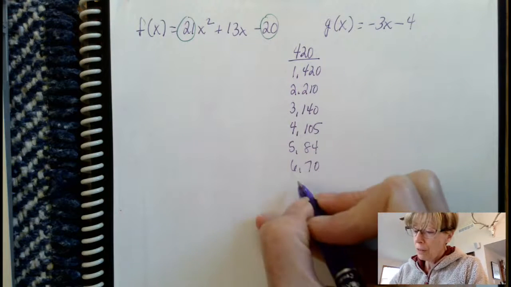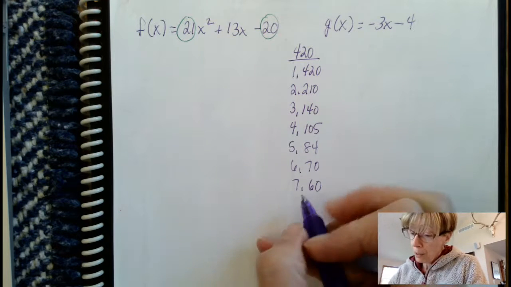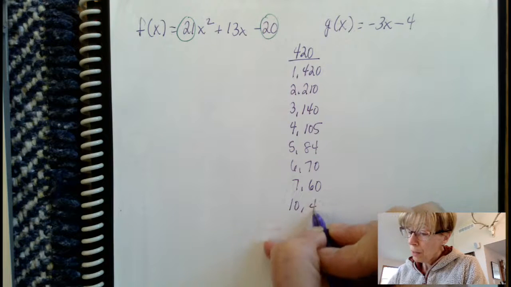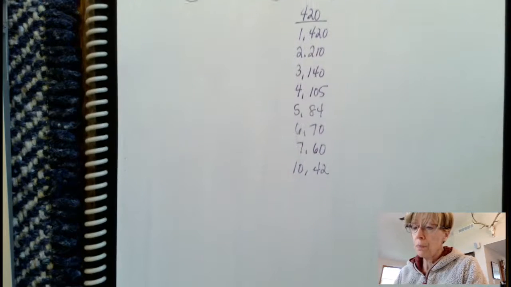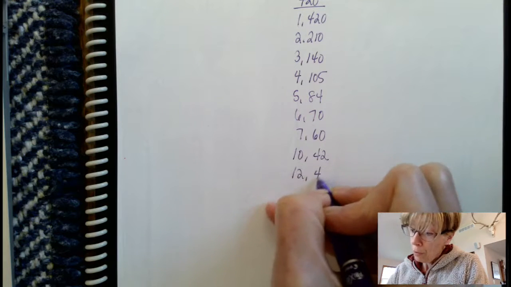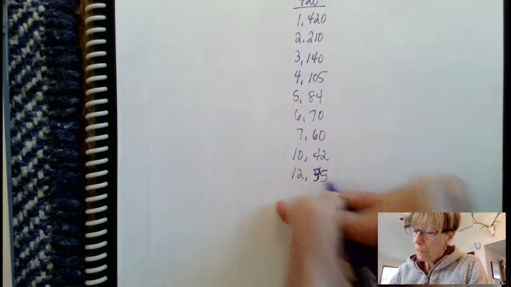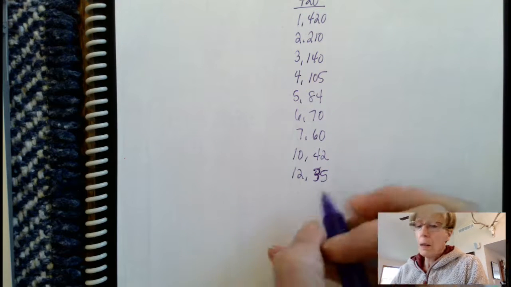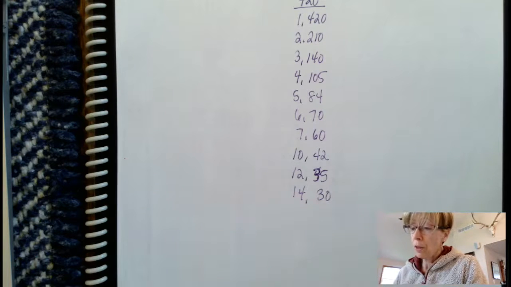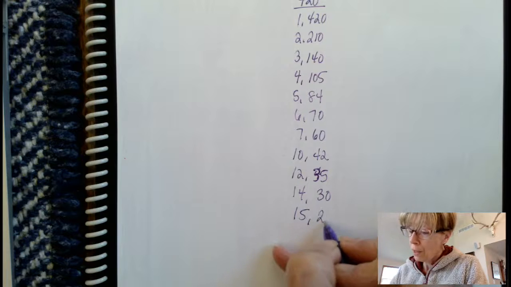I tried 8, I tried 9, they did not work as factors. 10 and 42. 11 doesn't work, but 12 works, 12 times 35. And 13 doesn't work, but 14 and 30. And then when I got to 15 and 28, finally I found the values here.